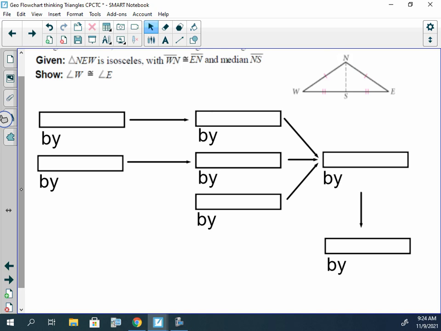Okay, so what do we know so far? Line WN is congruent to line EN. And really that's because this triangle is isosceles.